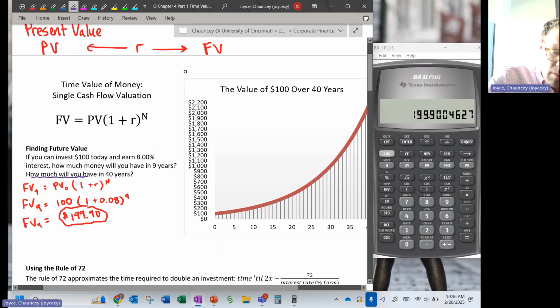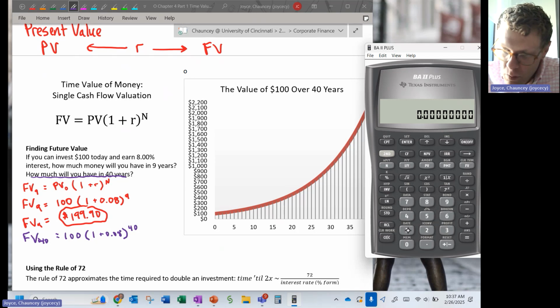Now, how much will the investment be worth in 40 years? Some of you might have the right intuition that this is worth more because it's more time. So I'm going to just write FV sub 40 equals 100 times (1 + r), or (1 + 0.08), to the power of 40.